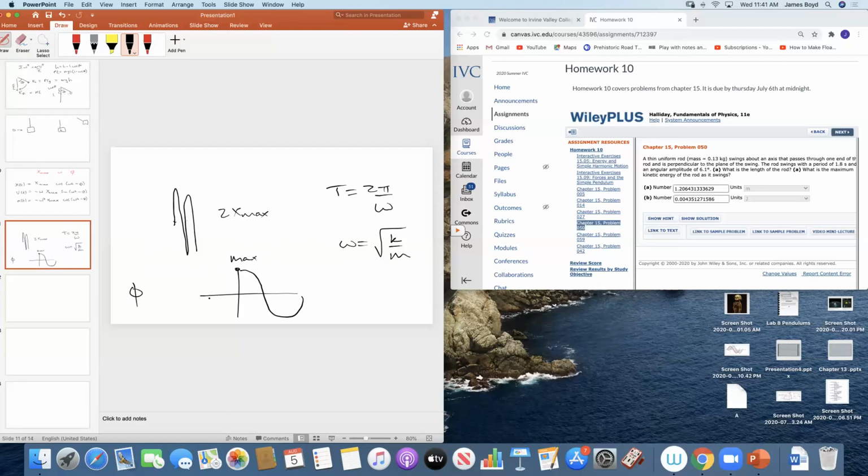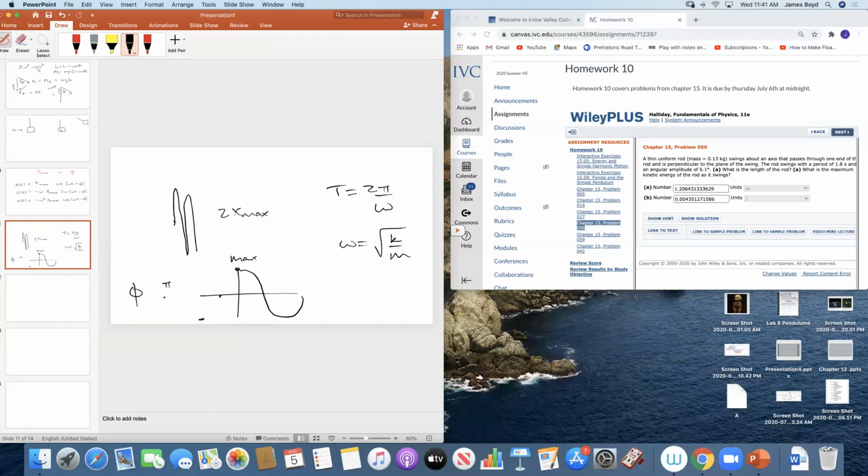If it starts off at a minimum, you know that phi is going to be pi, or negative pi for our book. Pi for me, because if you put a pi in here, you get negative pi. That means that this cosine is offset by 180 degrees, or pi radians. And it starts at the negative maximum and then goes up.